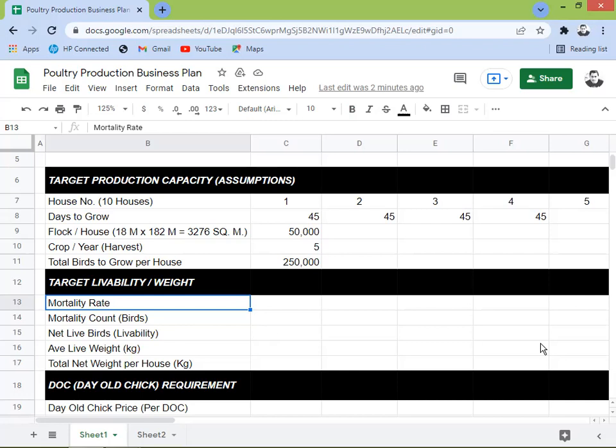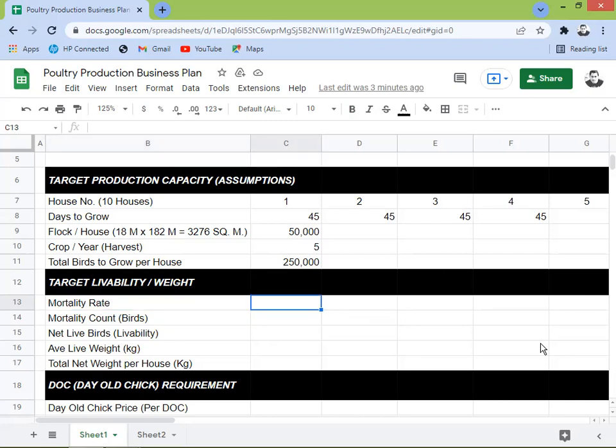Some farm owners insulate, or install sprinklers on top of the roofs to cool them down, because most of the time they use metal sheet roofs. When the sun is above the house, the temperature goes up, and this also contributes to the mortality rate of the broiler chicken.